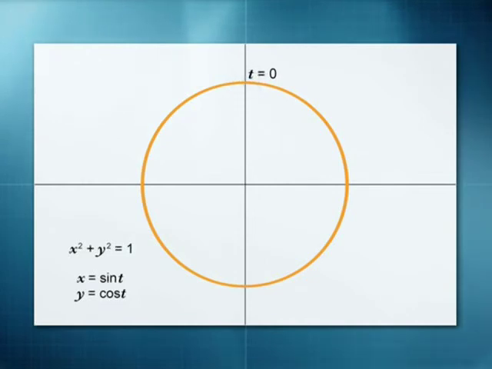But how about when t is pi over 2? Well, now x is sine of pi over 2 or 1 and y is 0. So we're over there on the positive x-axis, aren't we? The orientation here is clockwise. In that previous problem we did earlier in this lecture, the orientation was counterclockwise. We've kind of flipped the orientation by flipping the roles of sine and cosine. Kind of curious, isn't it?